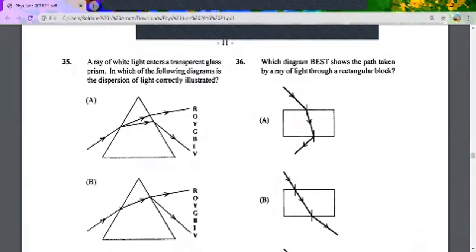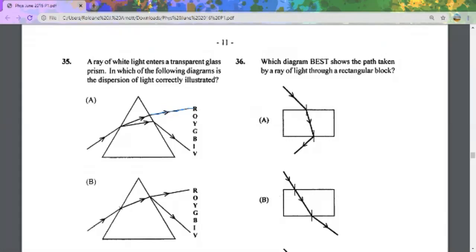because these lights of the spectrum, the lights of the white light that make up the spectrum, actually leave the prism at different angles.